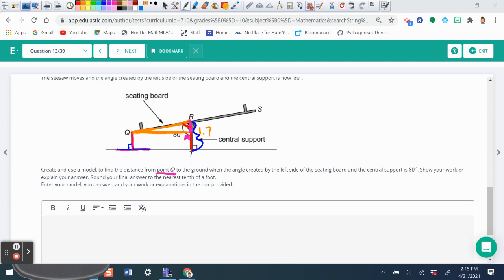So they tell us that we have the measure of angle R, which is 80 degrees. And we definitely know that the length from Q to R is 4 feet. It's still the same seesaw. And so I need to find what I'm now going to highlight in pink, the distance from R to M. So we're going to decide a trig function once again based on what we're given.